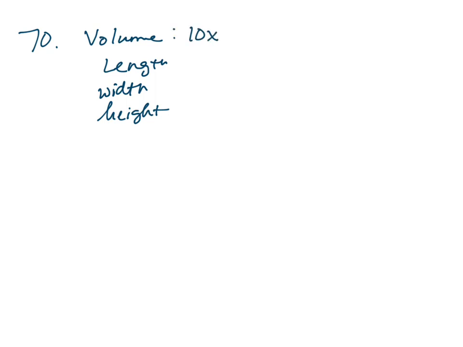Just really quickly, 70 gives you volume, it gives you length, it gives you width, and it asks for height. Volume is 10x cubed plus 30x squared minus 8x minus 24. Length is 2.